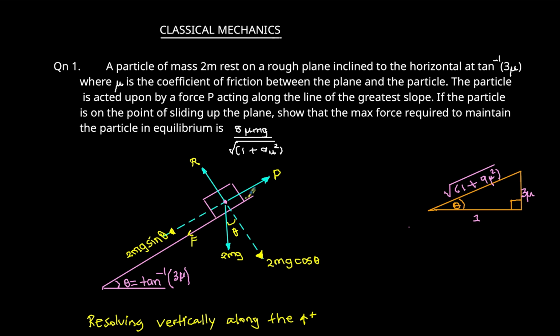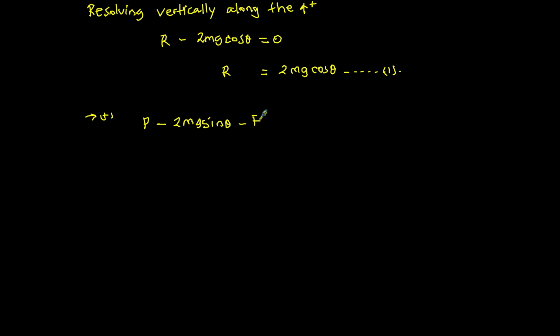The sum of these forces must be equal to the upward force P. So we have P equals 2 mg sine theta plus F, and F equals mu R, where mu is the coefficient of friction and R is the normal reaction. We can call this equation number 2.